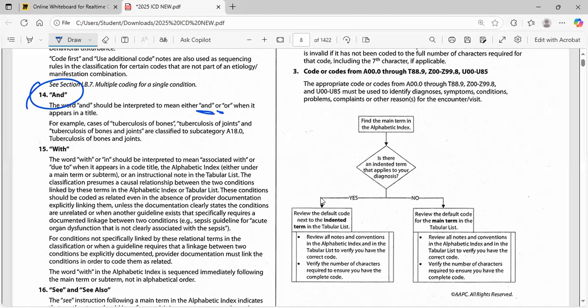Now, the question is how we will identify whether the "and" is used as an "and" or as an "or."